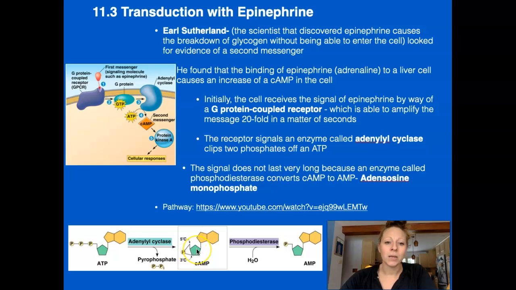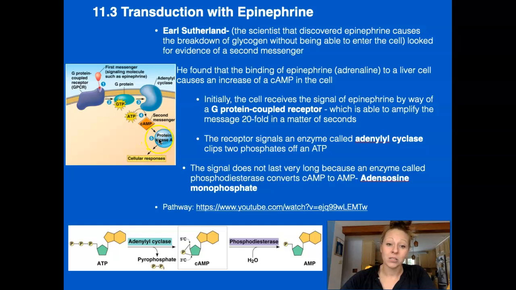This is our second messenger, and it's going to interact with a protein kinase, which is going to allow the cellular response, which is to break down glycogen into glucose. So the cyclic AMP is going to make the message happen. It's going to send that message to protein kinase A, and the protein kinase is going to tell the cell to break down glycogen into glucose.